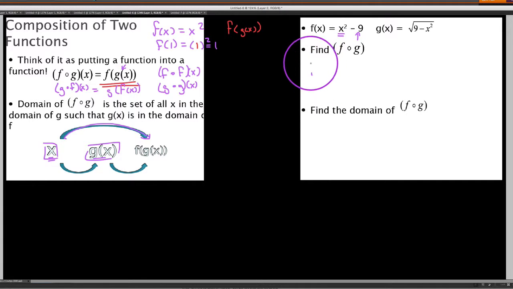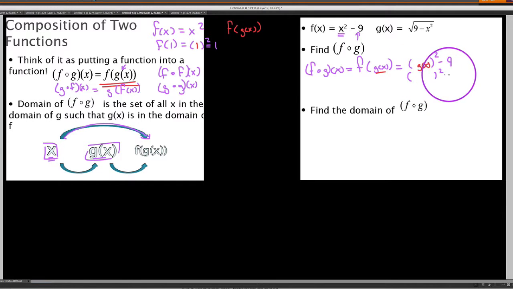Recalling the notation, we could also say that it's f of g of x. What we're really doing is, first of all, identifying that we're plugging something into f of x. So when we plug something into f of x, that means everywhere I see an x up here, we're going to take it out and plug in its input. Now, g of x is the input in this case. So we'll do some substitutions here.